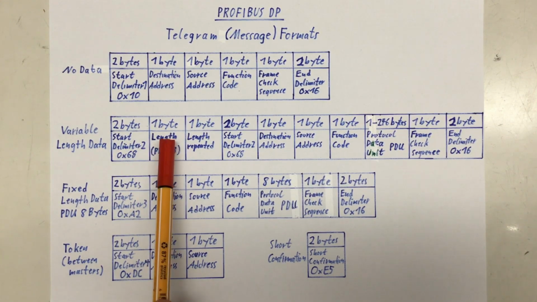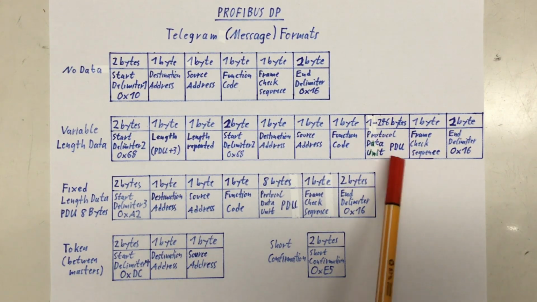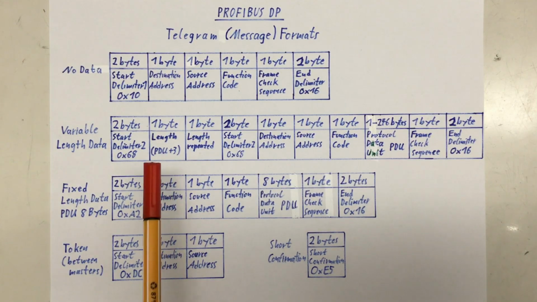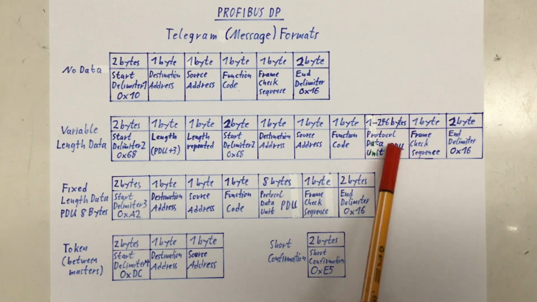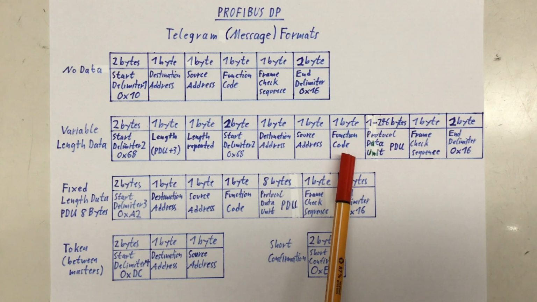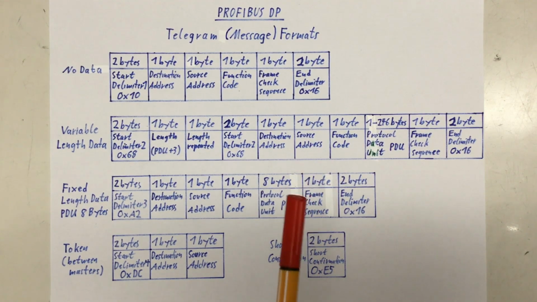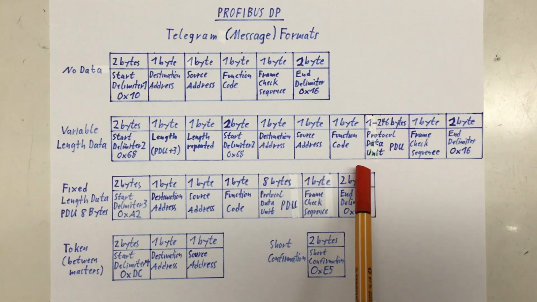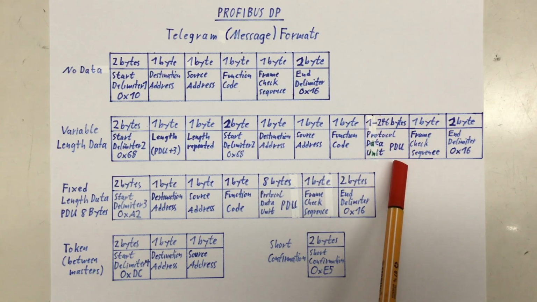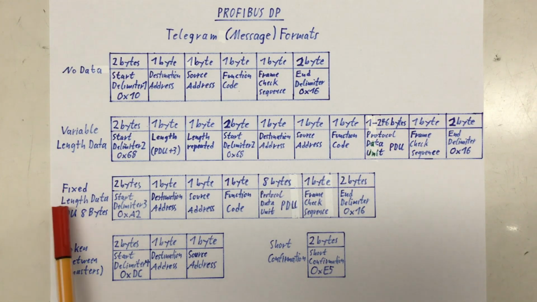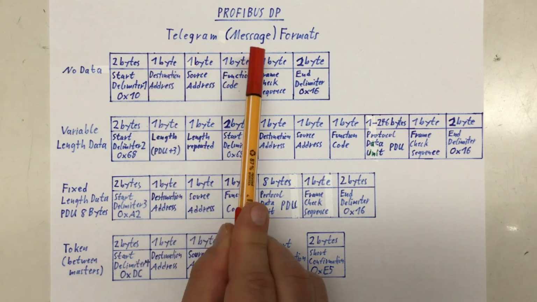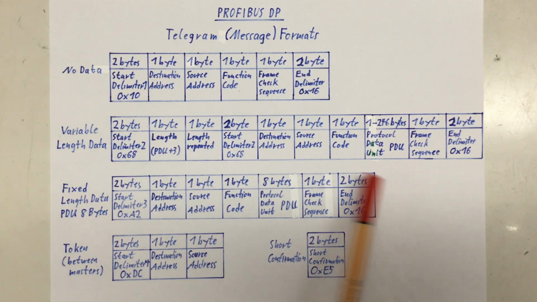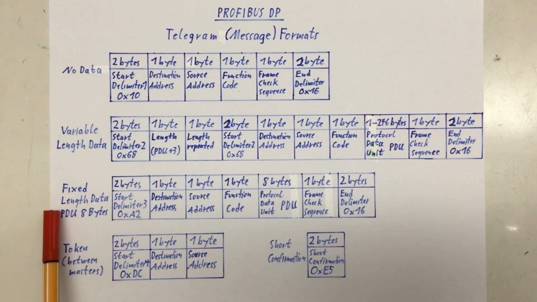The length is the number of bytes in the PDU plus 3. So we are counting the bytes in the PDU plus the function code plus the source address plus the destination address. The application payload is of course here in the protocol data unit. The fixed length telegram is the only other message that contains application data, obviously of fixed length.